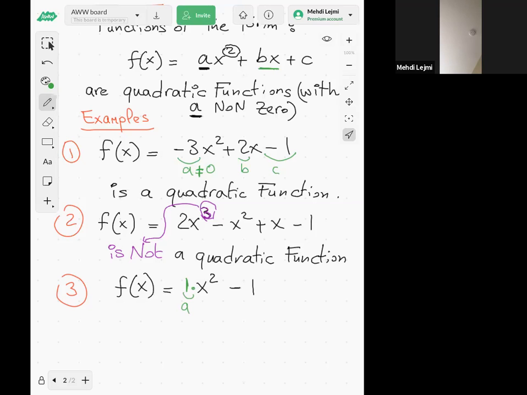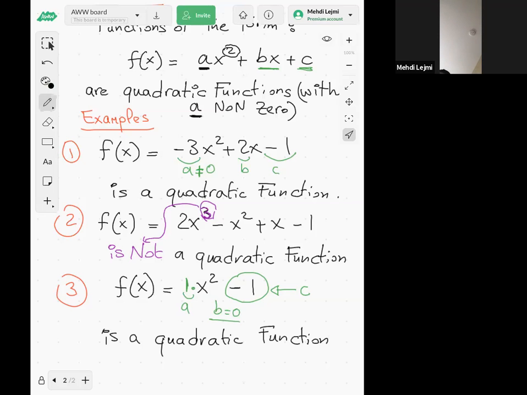Yes, absolutely, Karoli. So b is just 0 because there is no x. And then your c is this negative 1, the constant. So b is 0, but that's not a problem. Your function f is still a quadratic function. If b is 0, it's still a quadratic function.